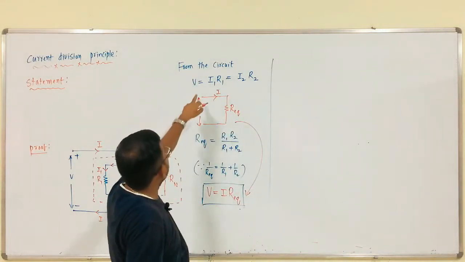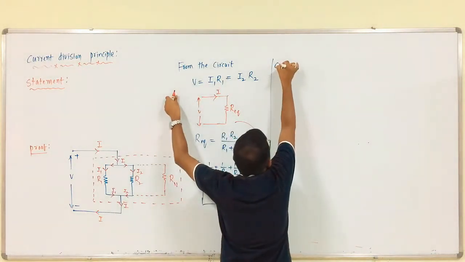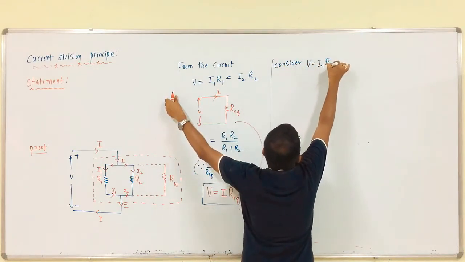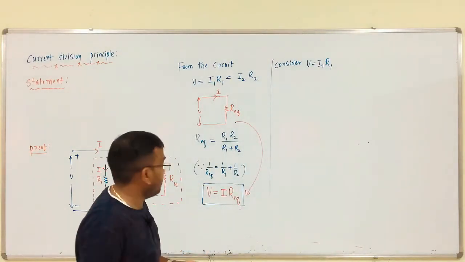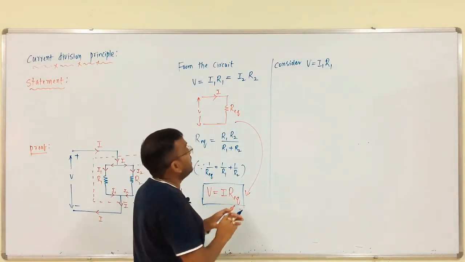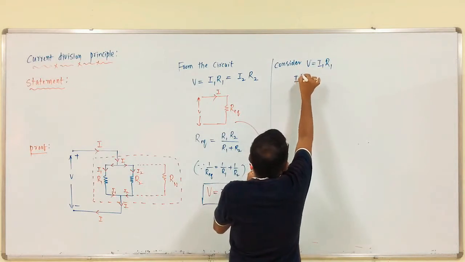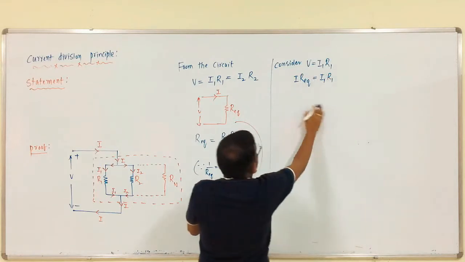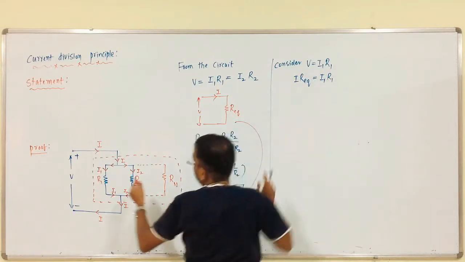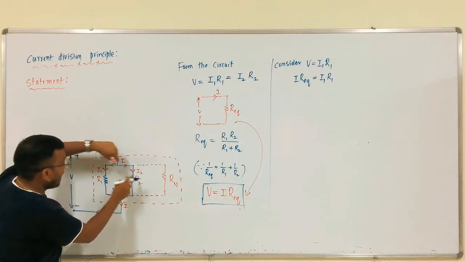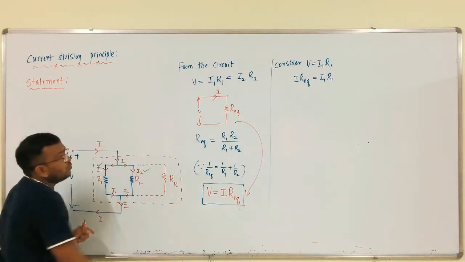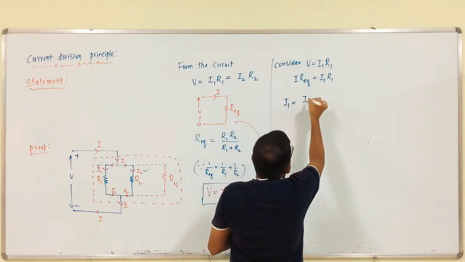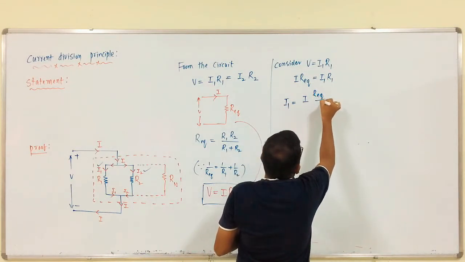Next, consider V equals I1 R1. So from this, V equals I into R equivalent, which equals I1 into R1. From this we have to calculate the branch currents I1 and I2. So I1 is I into R equivalent by R1.